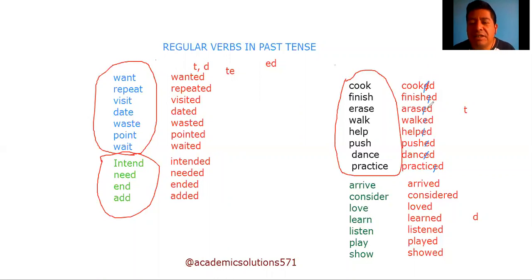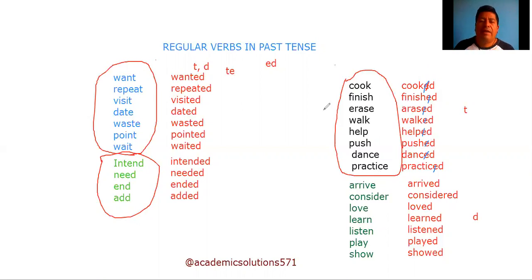Everything is like a T. While on the bottom ones, arrived, considered, it sounds like a D. Loved, it's much softer compared to the third group.